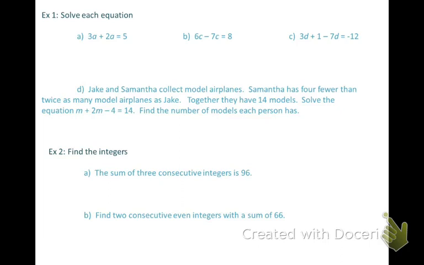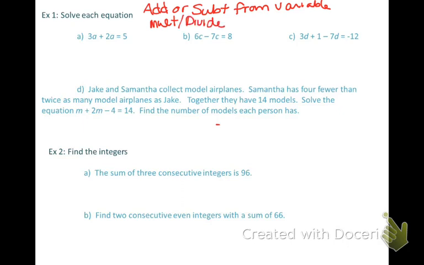We learned how to add or subtract from the variable, and that's always going to be on two-step equations usually. That's what you're going to do. And then you're either going to multiply or divide from the variable.